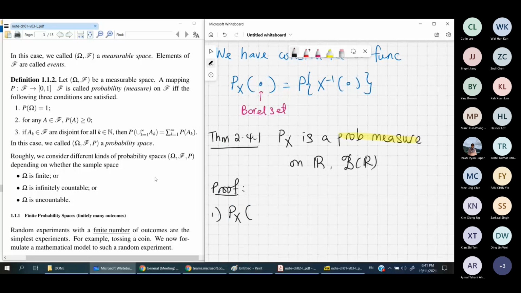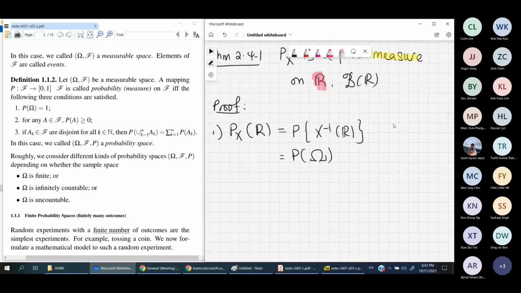P_X of R, because now we are doing this on R, so we take this to be our new omega, which is R. By the definition, it's P of X inverse of R. R is the whole thing, so reversing back, that will be P of omega, and this must equal 1.